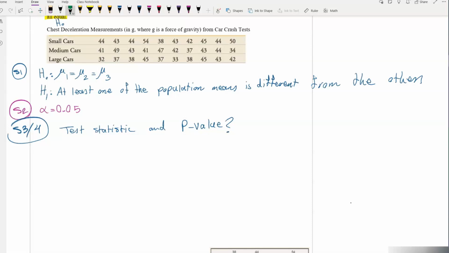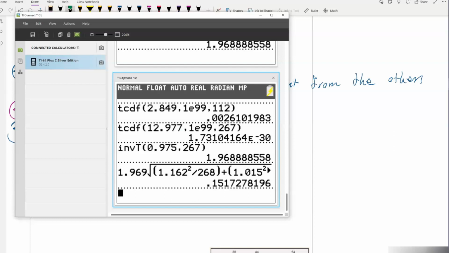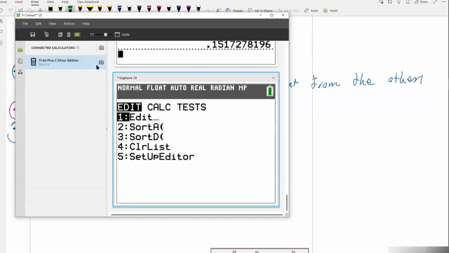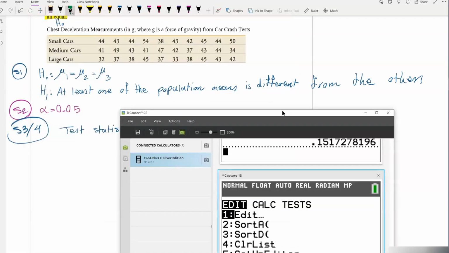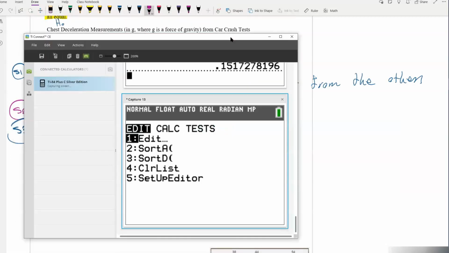Okay, we have to enter these numbers first into calculator. Stat, edit, enter. L1, L2, L3. Okay, I entered all these numbers. We have 10 in each one.